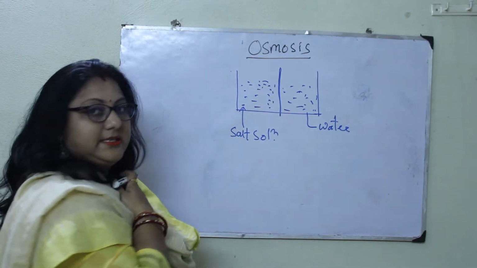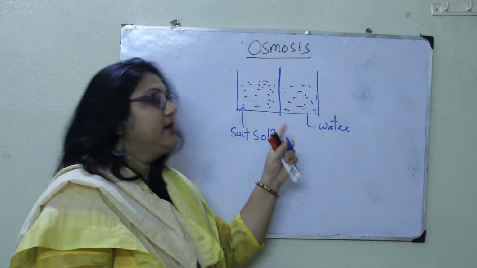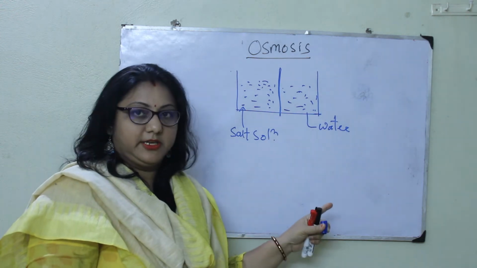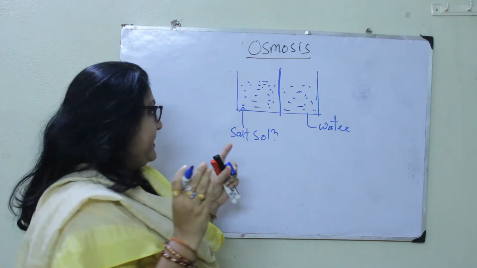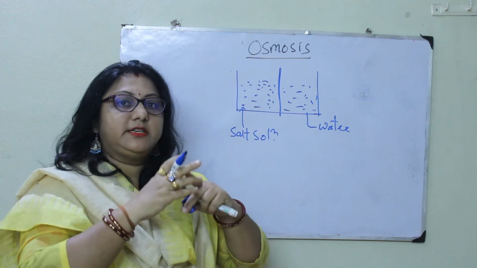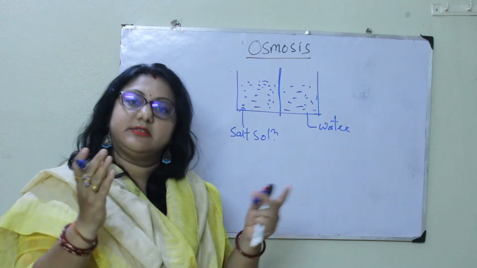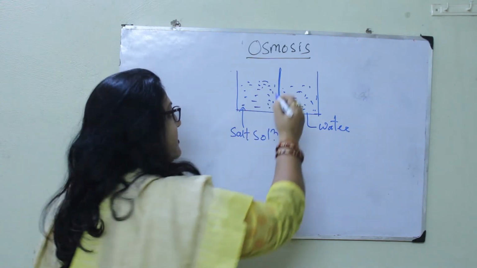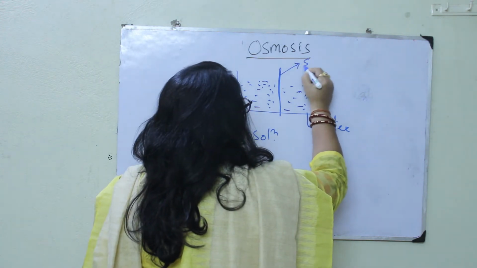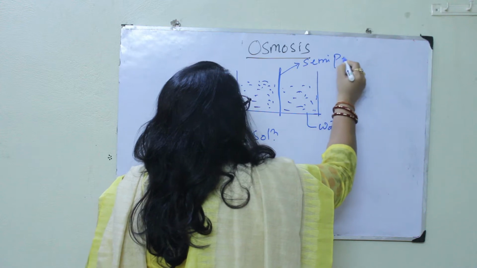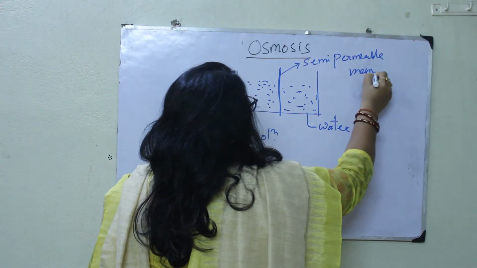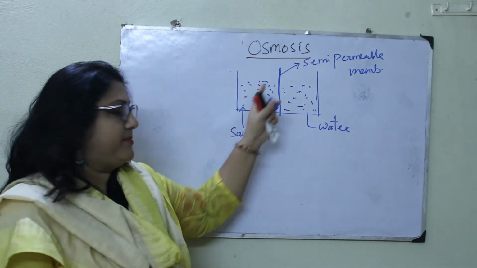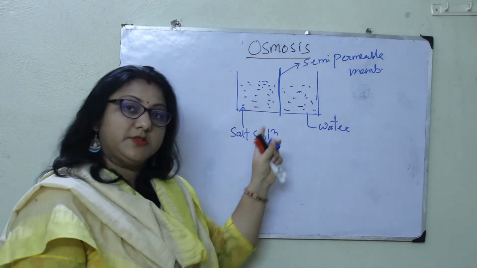So this side I have salt solution and this side I have kept the plain water. Now what the principle of osmosis says, if two different solutions are separated by a semi-permeable membrane. So this is a semi-permeable membrane which separates these two solutions.